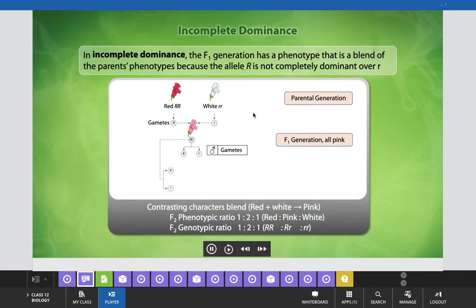Actually, in the case of snapdragon, the phenomenon of incomplete dominance was observed, and this is the first deviation observed by scientists, where they saw the result deviate from Mendel's law of dominance.